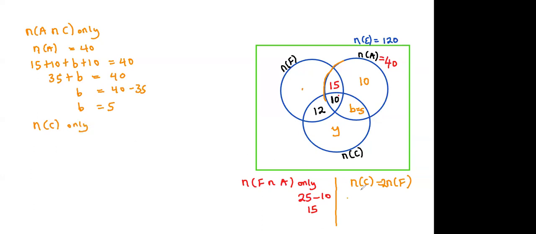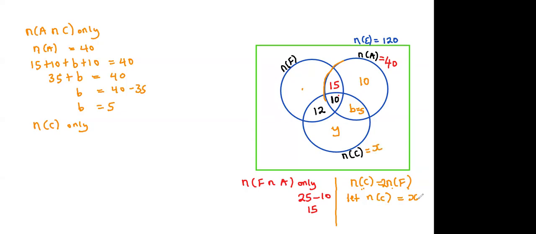But do not forget they told us that C is equal to 2N of F. So let me say you let C, so this C is the same as 2N of F. So you can say let N of C be equal to X.